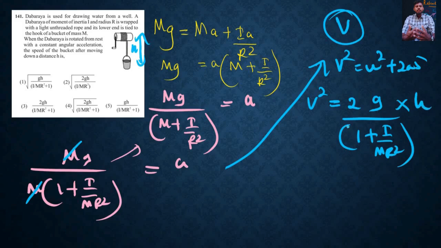Do we have the answer? 2gh over this, seems like the fourth one. And we need to get the root. So V equals root 2gh over 1 plus I over mr squared. Yes, it's the fourth answer, right?